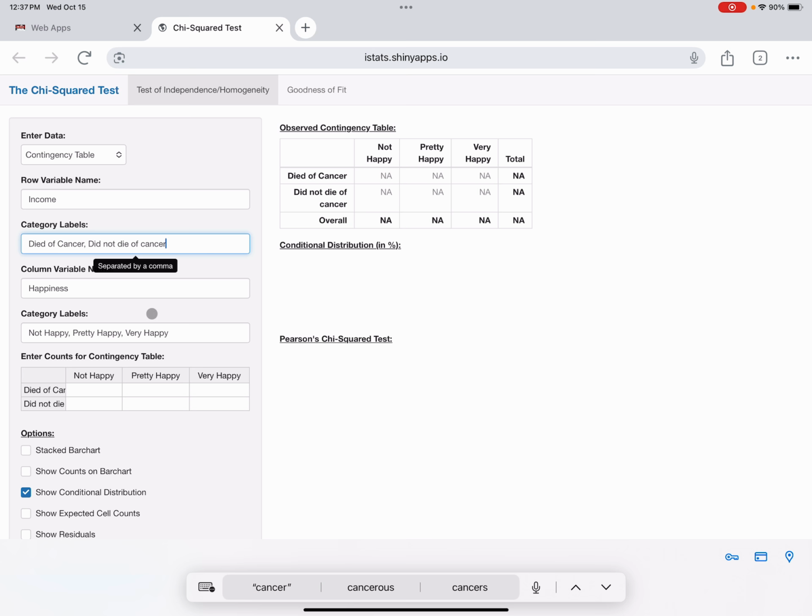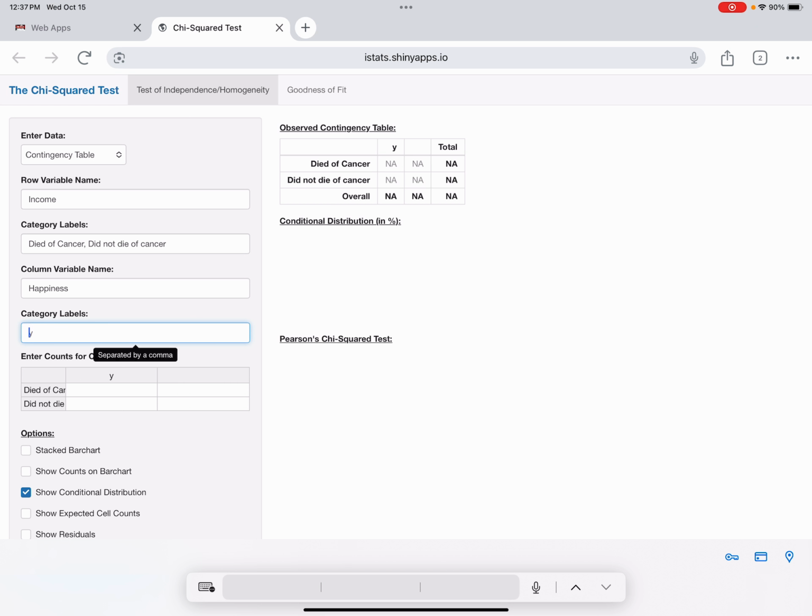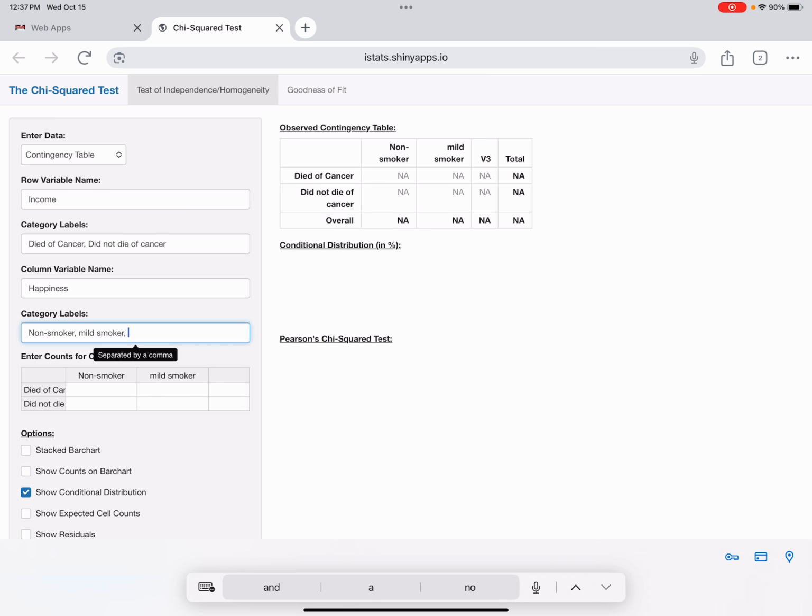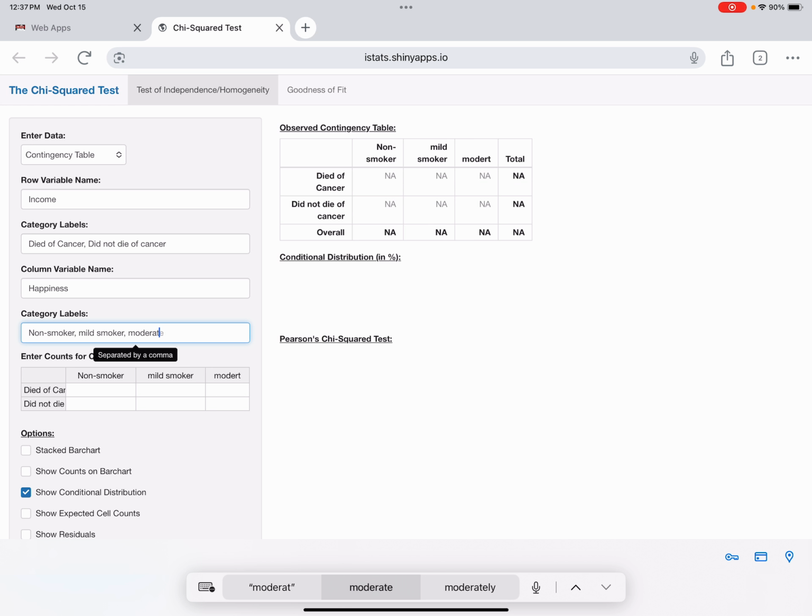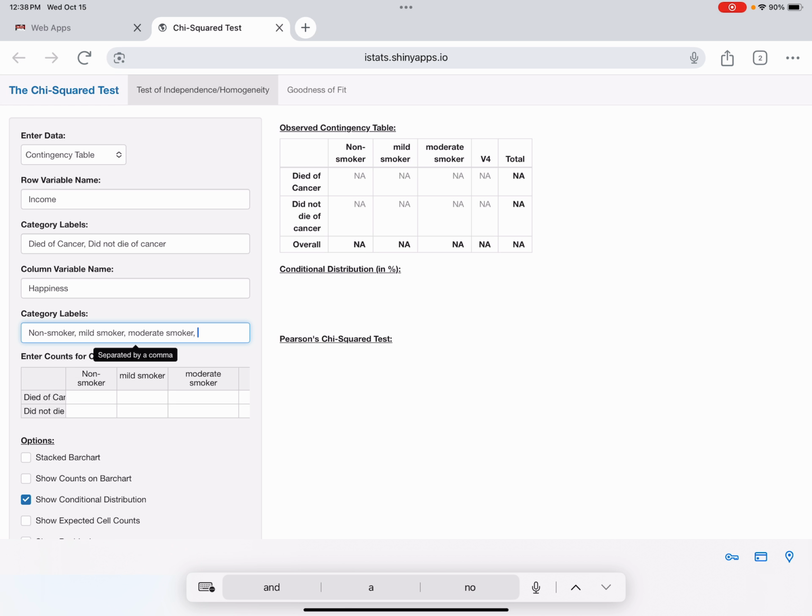Okay, for my column labels, I want non-smoker, mild smoker, moderate smoker, and chain smoker.